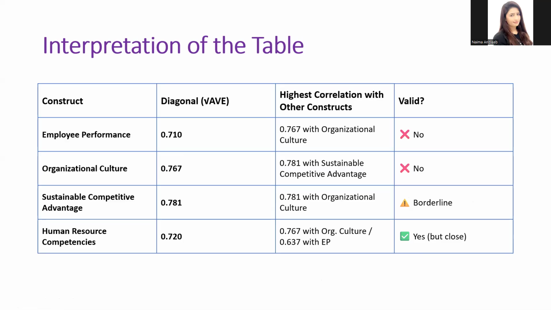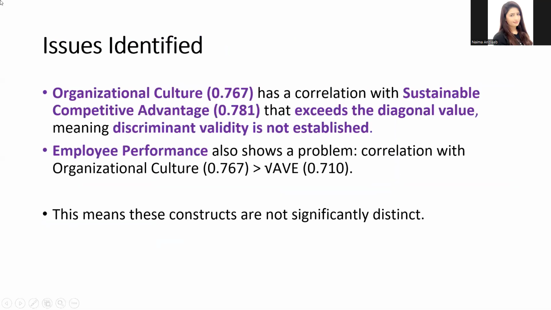So we are actually having a problem with two AVEs. See here, one is borderline, one is acceptable, but two discriminant validities are having a problem. So we need to check employee performance; issues identified. Organizational culture has a correlation with sustainable competitive advantage that exceeds our diagonal value, meaning discriminant validity is not established.